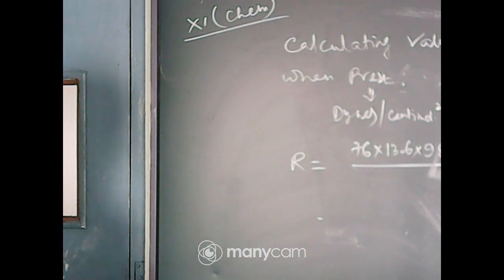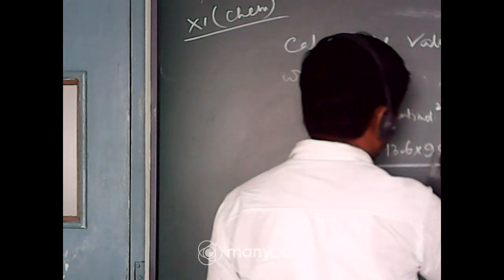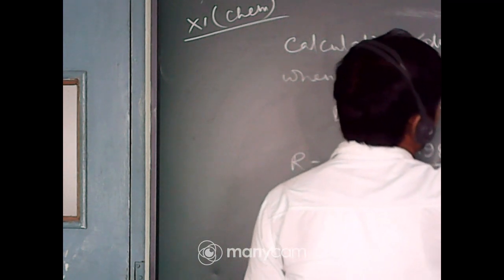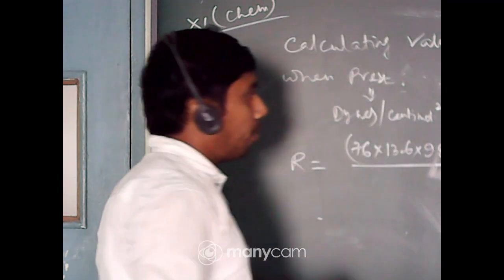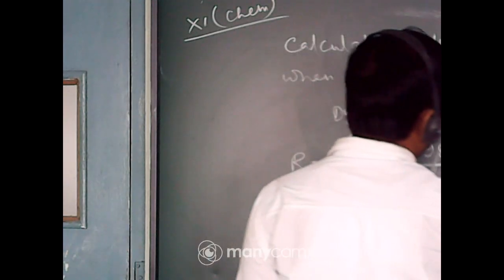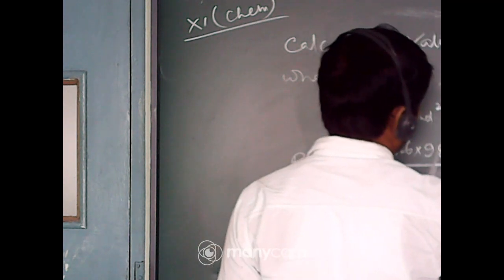It is the P. Next one, that is V, that is the volume. Volume, that is 22.4 liter. So, in centimeter cube, it will be 22,400 centimeter cube.